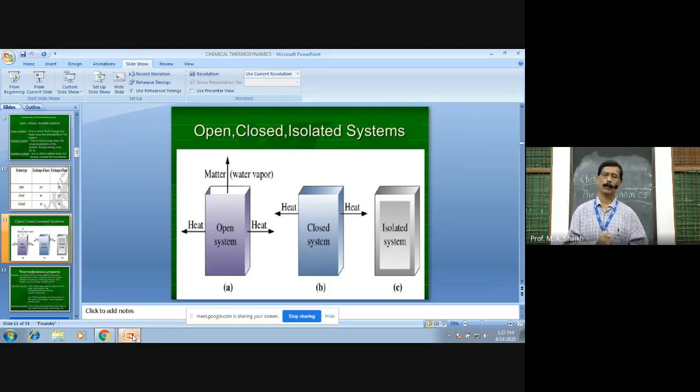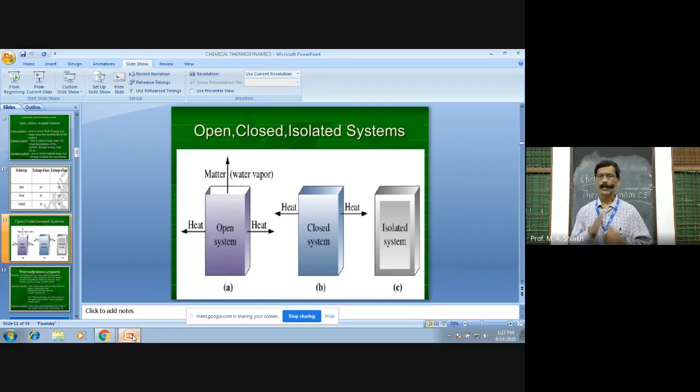Now see the B diagram. Suppose we have taken hot water system in closed and metallic vessel. Here, water vapor as matter cannot go from hot water system to surroundings. Why? Because vessel is closed.